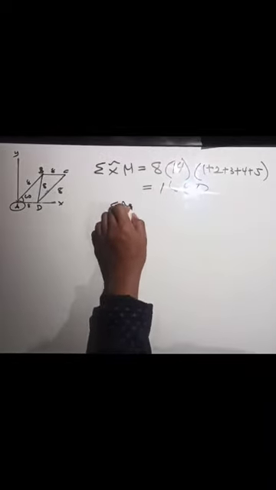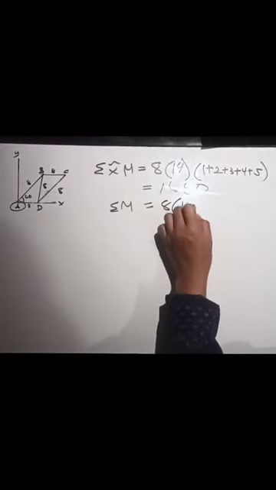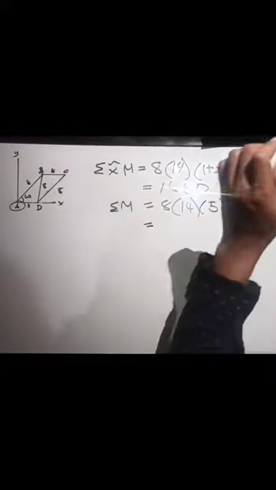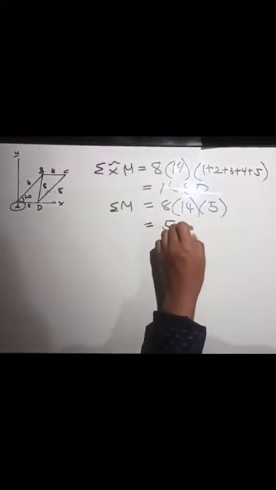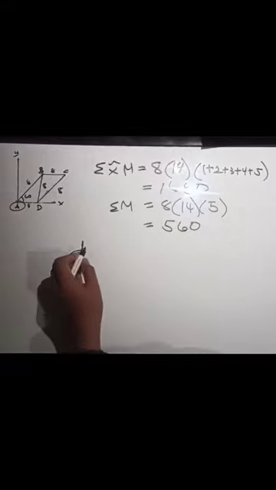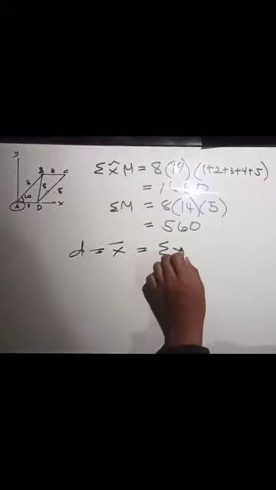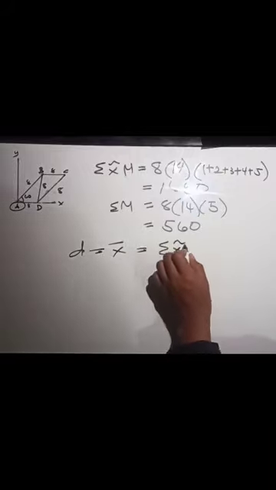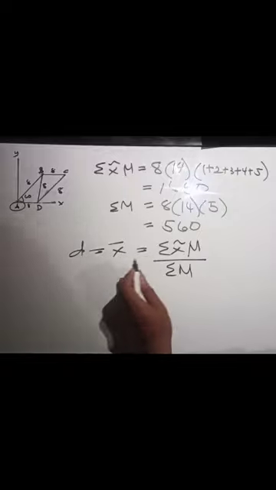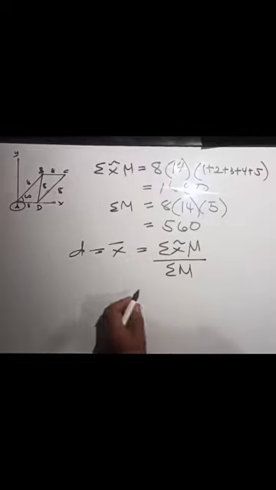So the summation of m is equal to 8 times the mass times 5 is equal to 560. So D is equal to x bar is equal to summation of x curly m over summation of m. So this is the formula to get the distance.